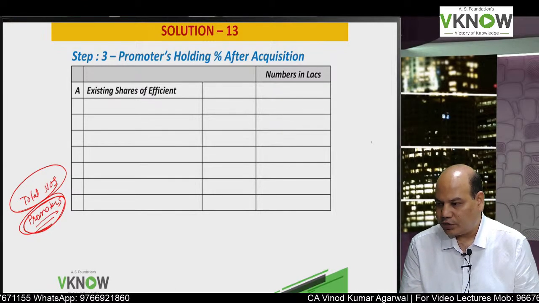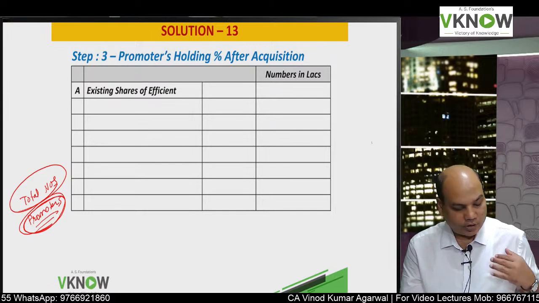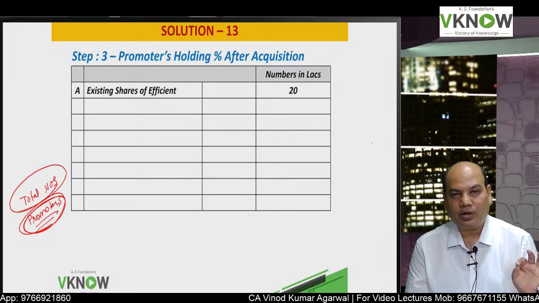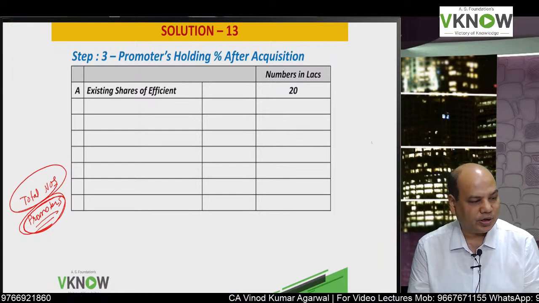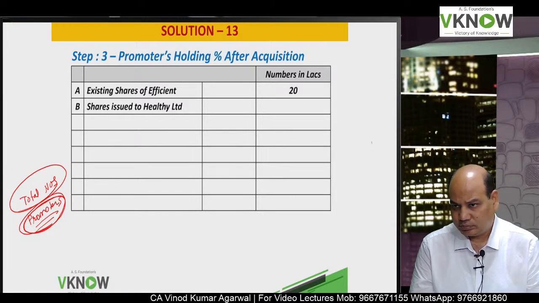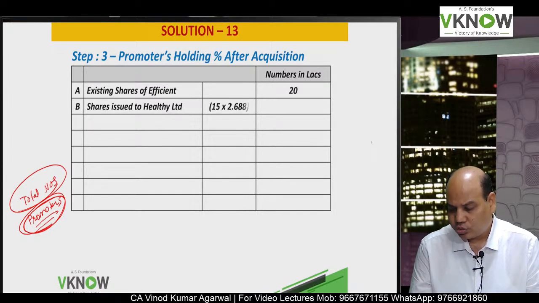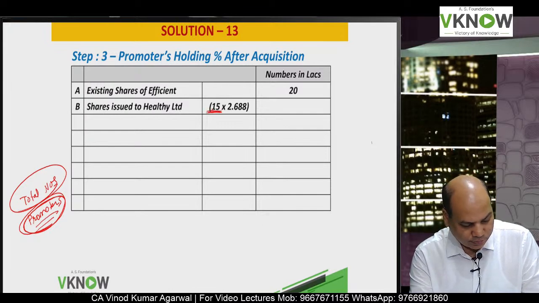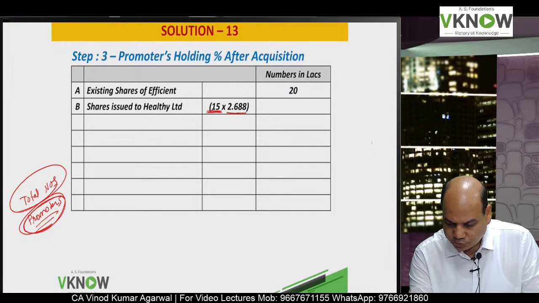Point number A, existing shares of Efficient. Efficient is acquiring Healthy. So Efficient Limited already has 20 lakh shares, plus B, shares issued to Healthy Limited. There are 15 lakh shares in Healthy Limited books.